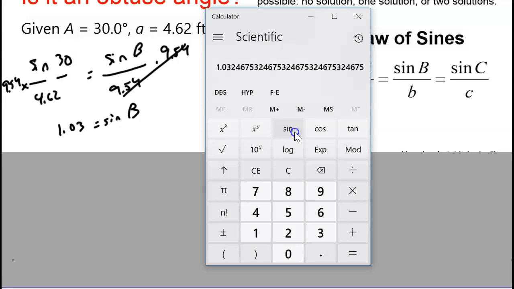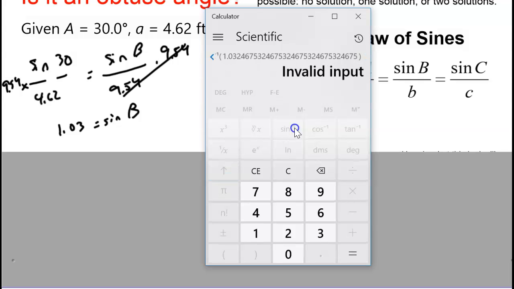over 1, again 1 is 90 degrees, then we see that this is not going to have an answer, because if we want to double check it and do inverse sine to be able to find the angle, it's going to tell us that that is an invalid input.